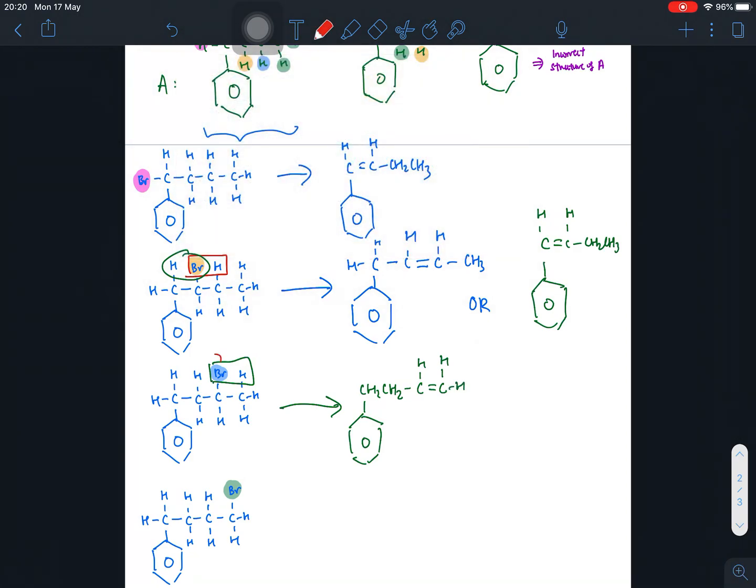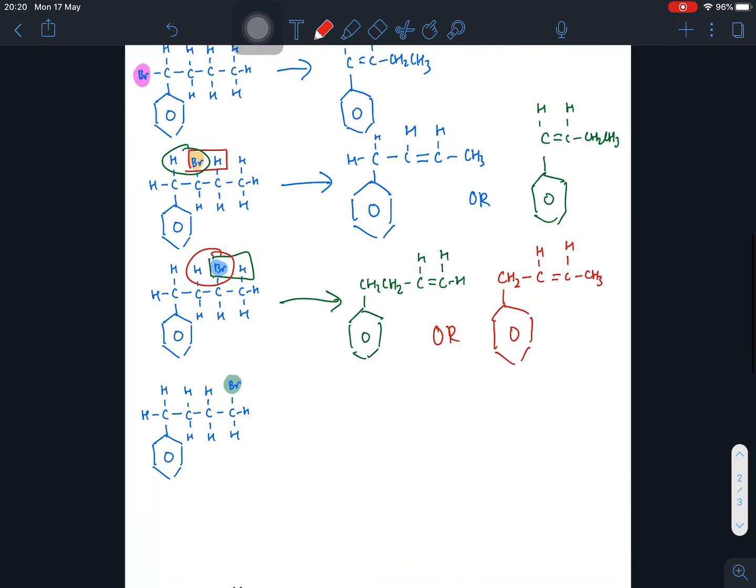Okay, and the other one is if I were to draw this. Okay, and finally the last one. There's only one permutation because there's only one adjacent hydrogen.